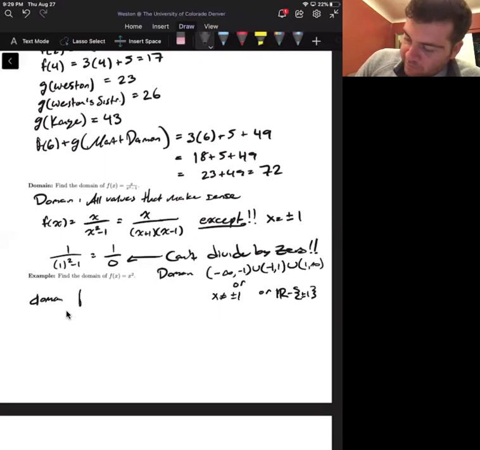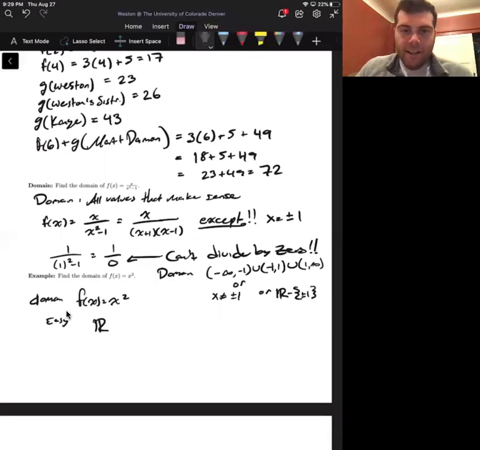Domain of f of x equals x squared. That should be easy. We just write it as R for all real numbers.